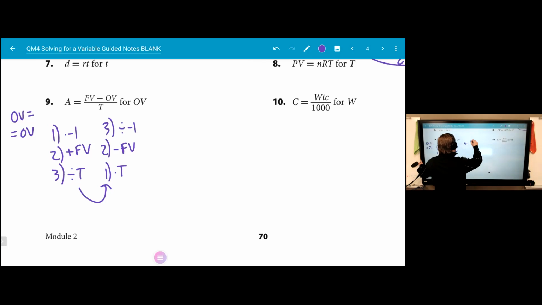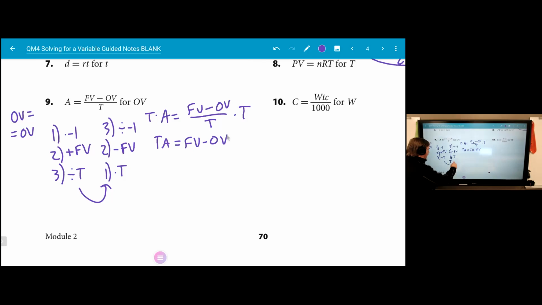A equals FV minus OV divided by T. If I multiply both sides by T, I have TA equals FV minus OV. That's step 1. Step 2 says I should subtract FV from both sides.